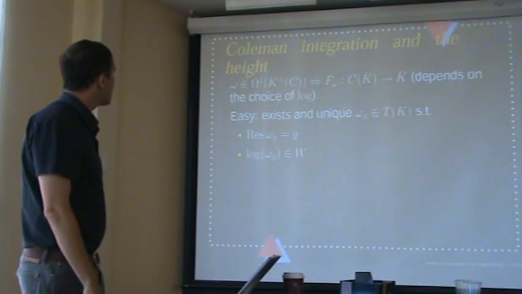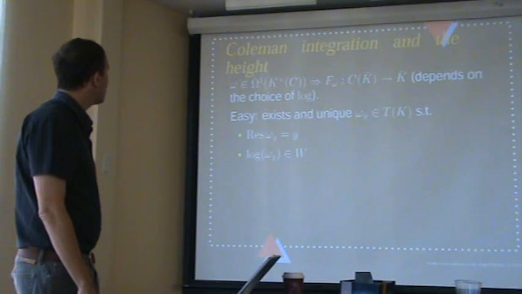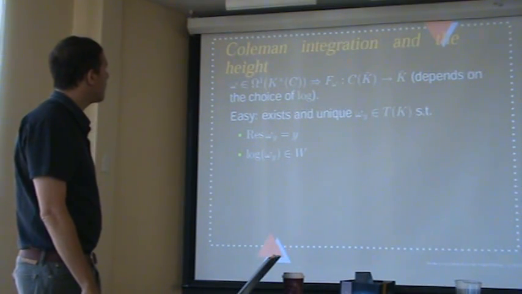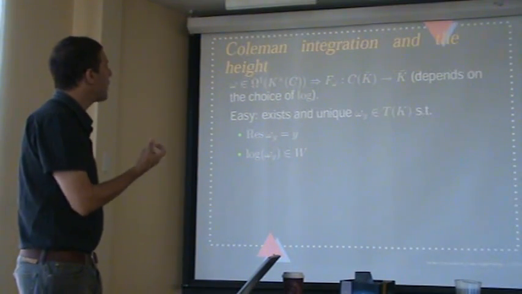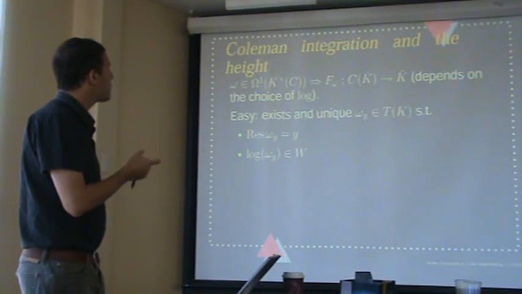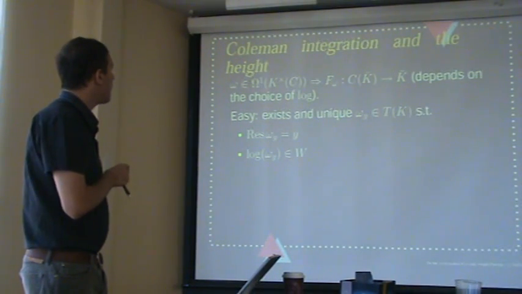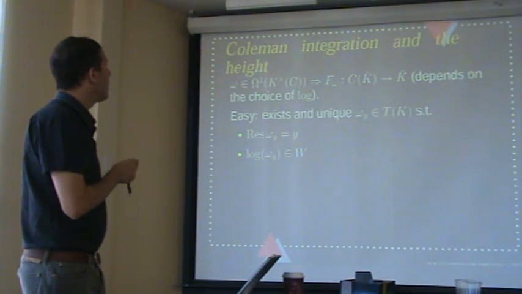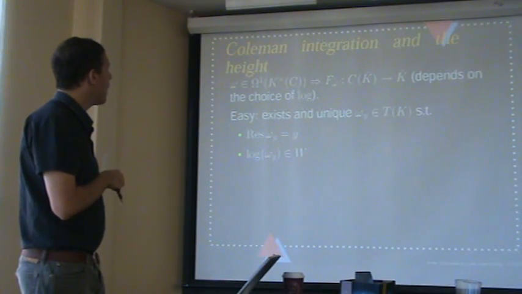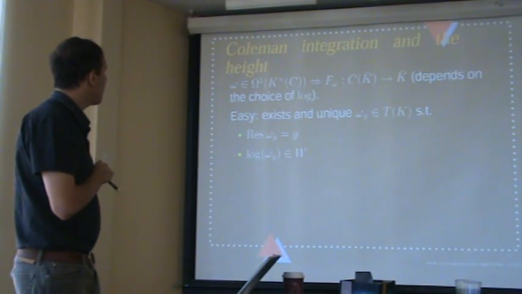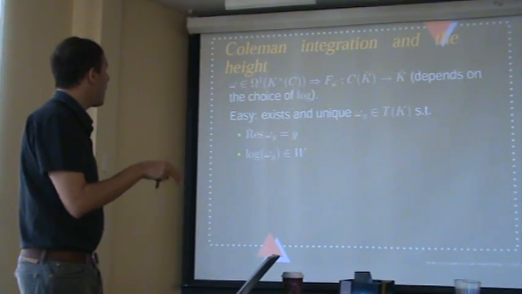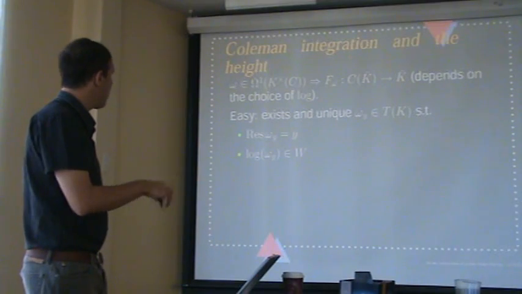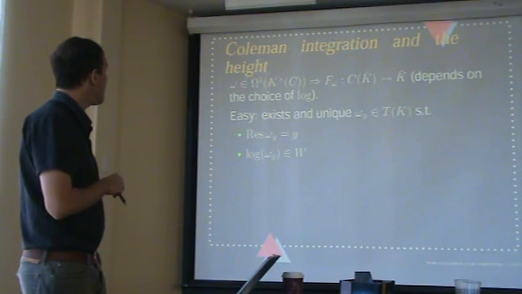Now I'll explain how the height is defined. First of all, one notices the following. I look at the logarithmic forms, the forms of the third kind, and for my given divisor y, I can find a unique form of the third kind, omega_y, that satisfies the following conditions. First of all, its residue is y, so it has poles with the residues at the appropriate places.